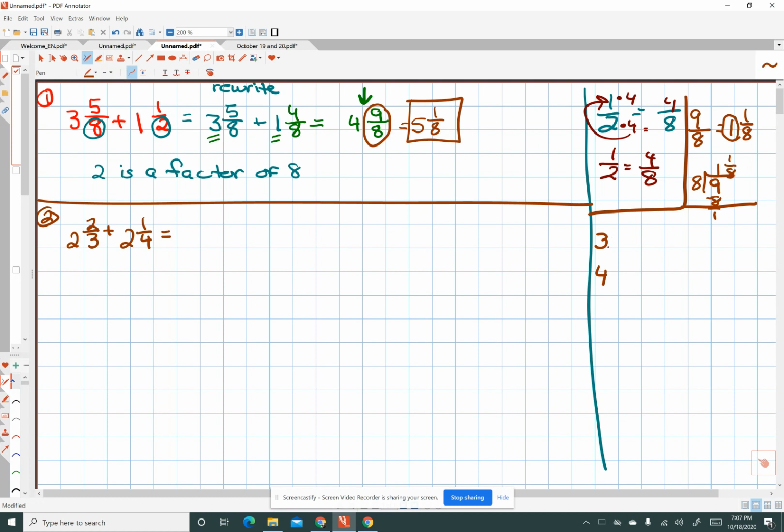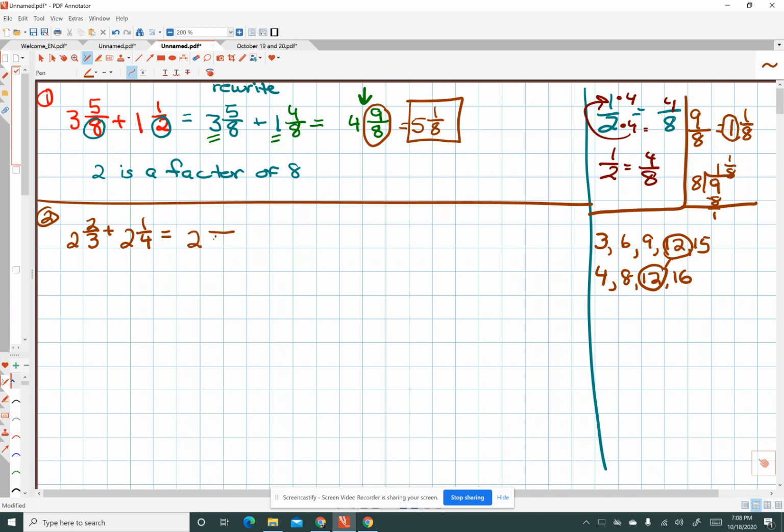So multiples of 3 are 3, 6, 9, 12, 15. Multiples of 4 are 4, 8, 12, 16. Well, we have a common multiple of 12, so that will be our new denominator.